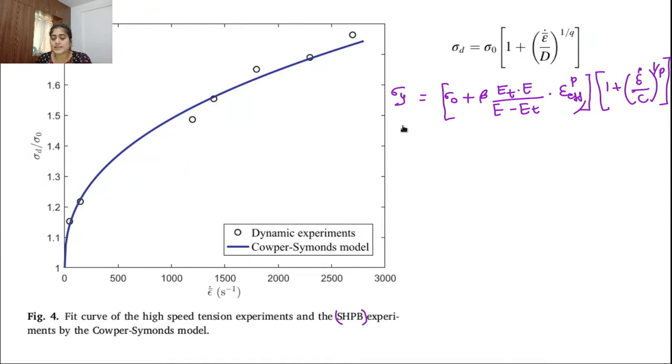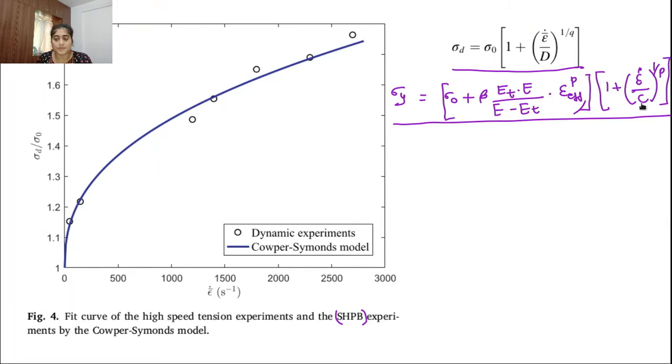This is the equation which I have shown in the first slide, and this is the equation shown in this paper. I have shown sigma y as the dynamic yield stress, they have shown sigma d. Sigma not is the same in both, called the static yield stress. This beta term they simply skipped because they have used some kinematic strain hardening, so now this bracket is left.